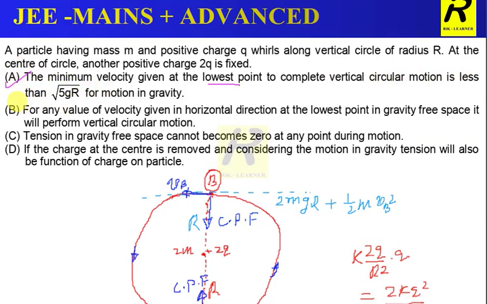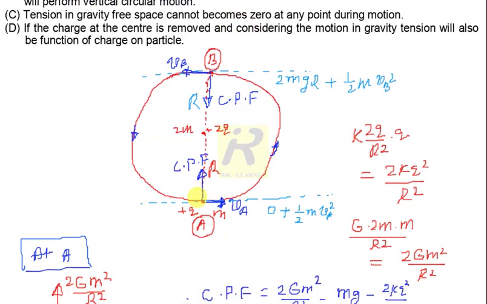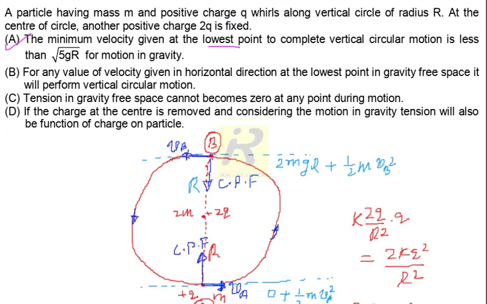Now I have to think about B. For any value of velocity given in horizontal direction at the lowest point in gravity free space, it will perform vertical circular motion. So whatever velocity you give at the lowest point, that is A, the particle will move in circular motion in gravity free space.